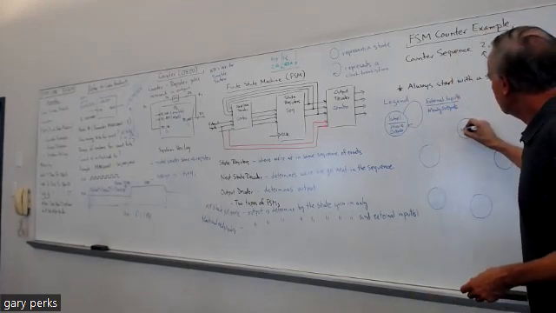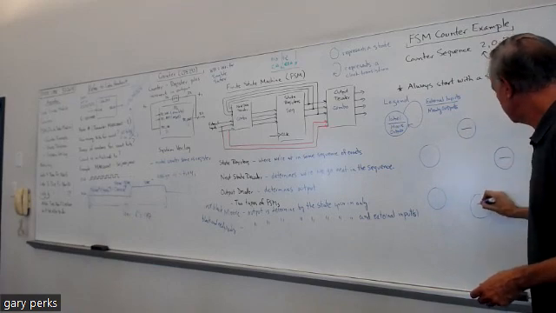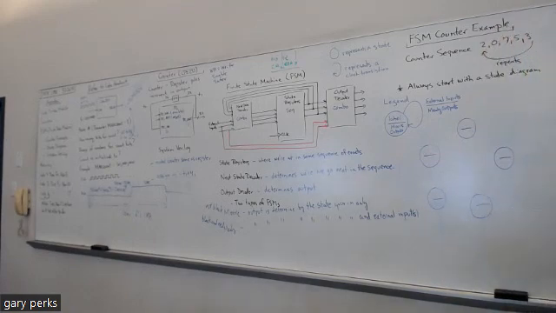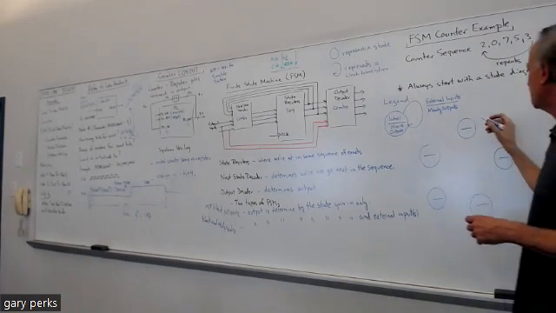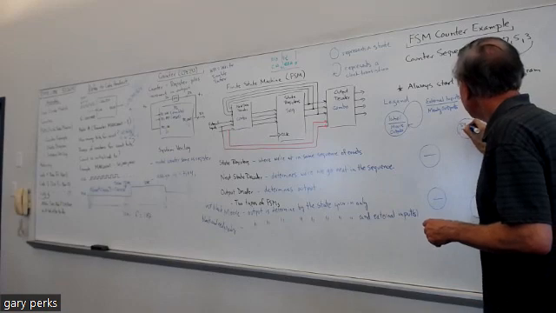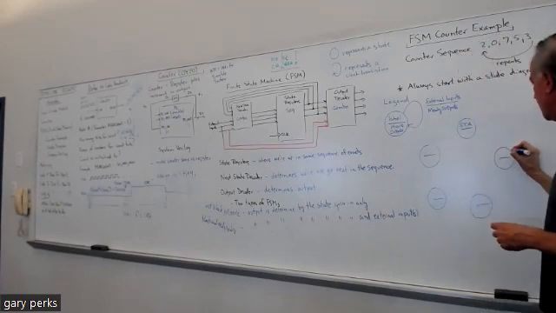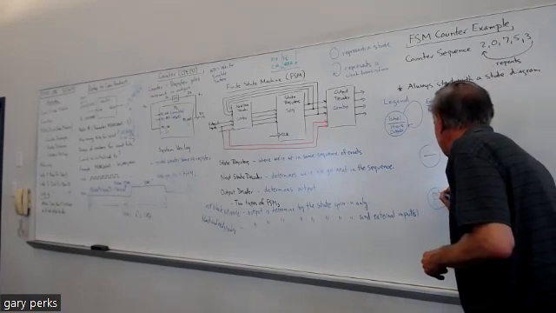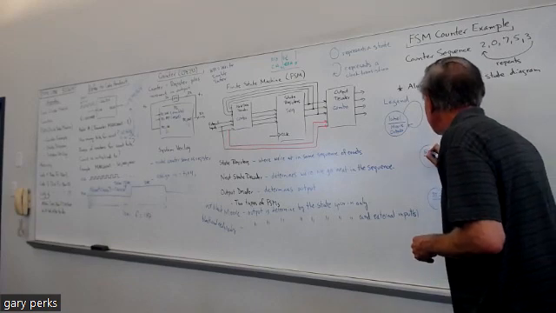Okay, and I'm going to put in the lines here. And I'm going to label my states just with letters. Okay, like state A, state B, and so on. So I'm going to use ST for states. So state A, state B, state C, state D, state E.